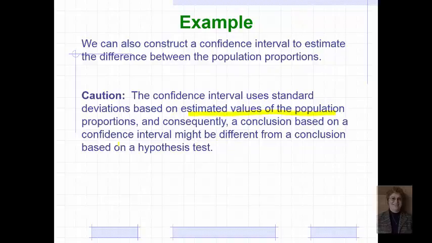So when we look at confidence intervals, we might get a different answer than that based on a hypothesis test. So my recommendation to you is, when you are going to test a claim, you want to use a full hypothesis test. When you want to estimate the difference between, then use a confidence interval.